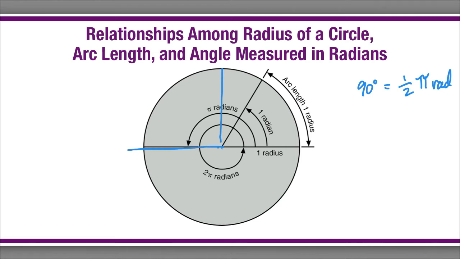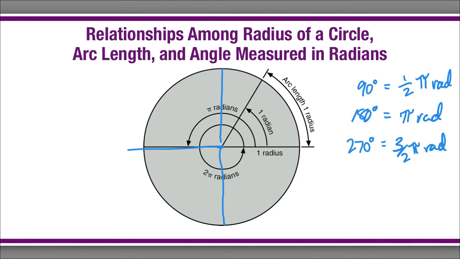Okay, 180 degrees is equal to pi radians. 270 degrees is equal to 3/2 pi radians. And then, of course, 360 degrees is equal to 2 pi radians.